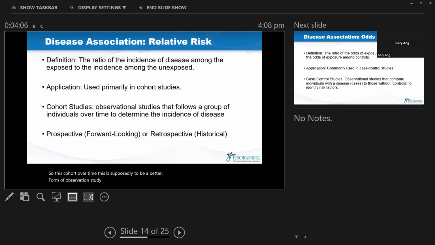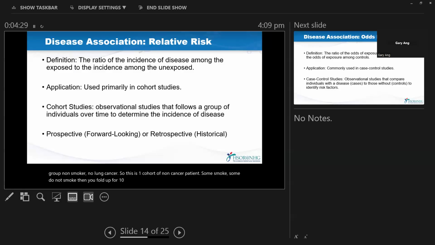because at the point when they enter the study, they are disease-free. For example, one group are smokers with no lung cancer, and one group are non-smokers with no lung cancer. So this is one cohort of non-cancer patients. Some smoke, some do not smoke. Then you follow them up for 10 years.